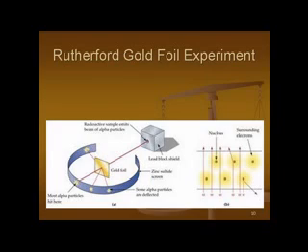One of the pieces you'll notice is the lead block, and the lead block has cut into it an aperture or an opening for alpha particles to pass, and the source of the alpha particles was a small sample of uranium.